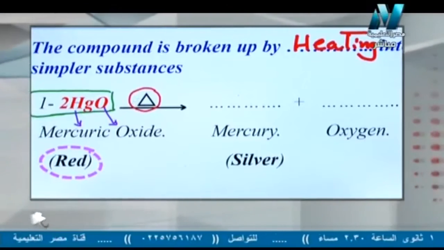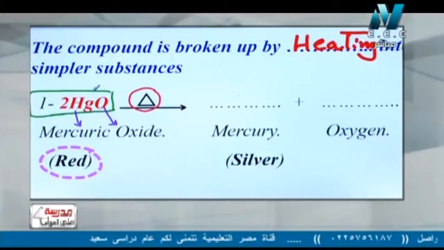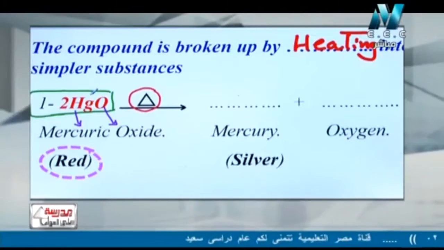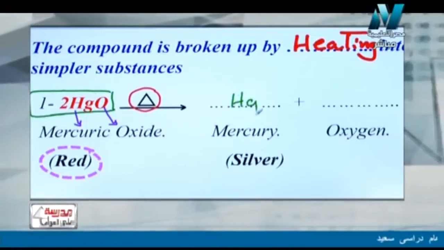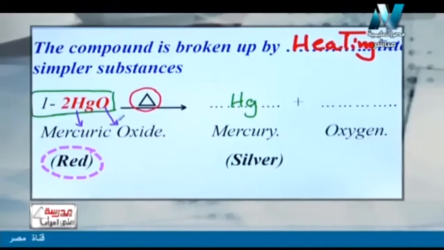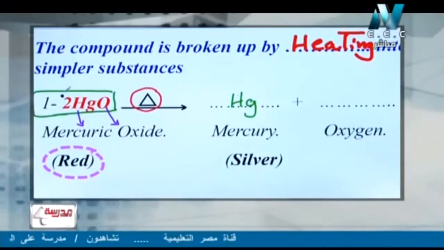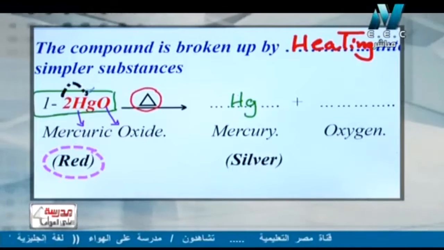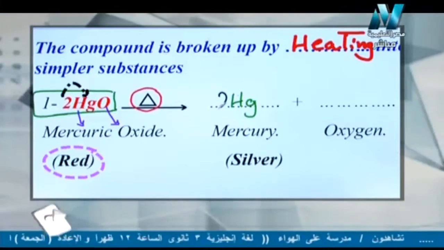So we have two other elements, as we decompose, breaking down the bonds between mercury and oxygen, forming Hg. How many Hg here? As Mr. Wael said before, we have two mercury atoms, so we have 2Hg.